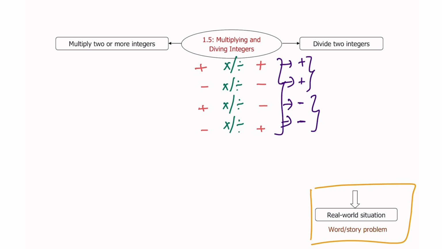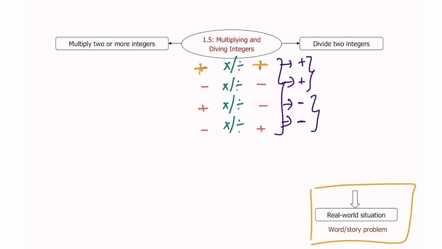So what does this mean for you? It means that when you have plus times plus, or plus divided by plus, the answer is going to be a positive number. Minus times minus, or minus divided by minus, still your answer is going to be positive.